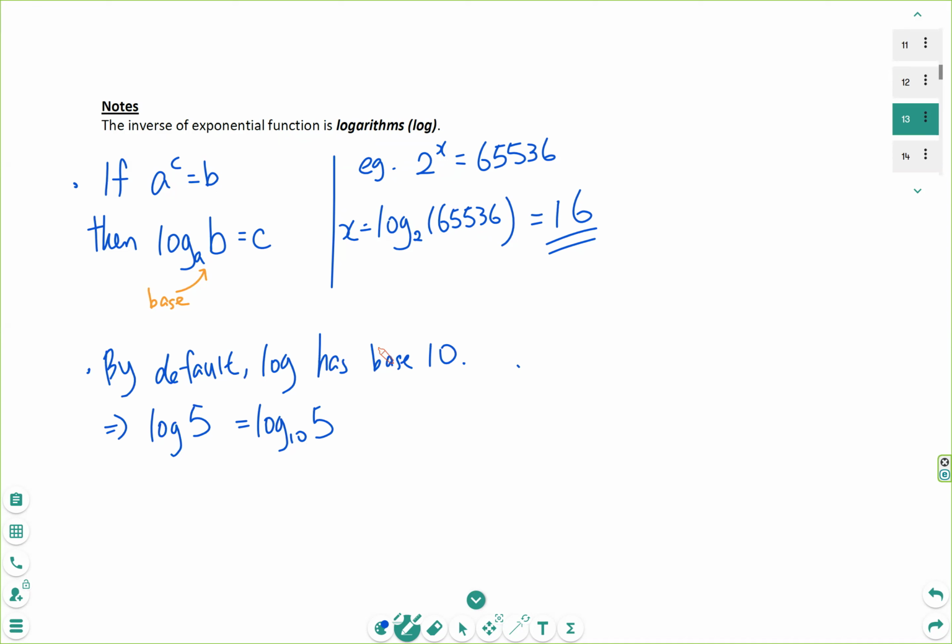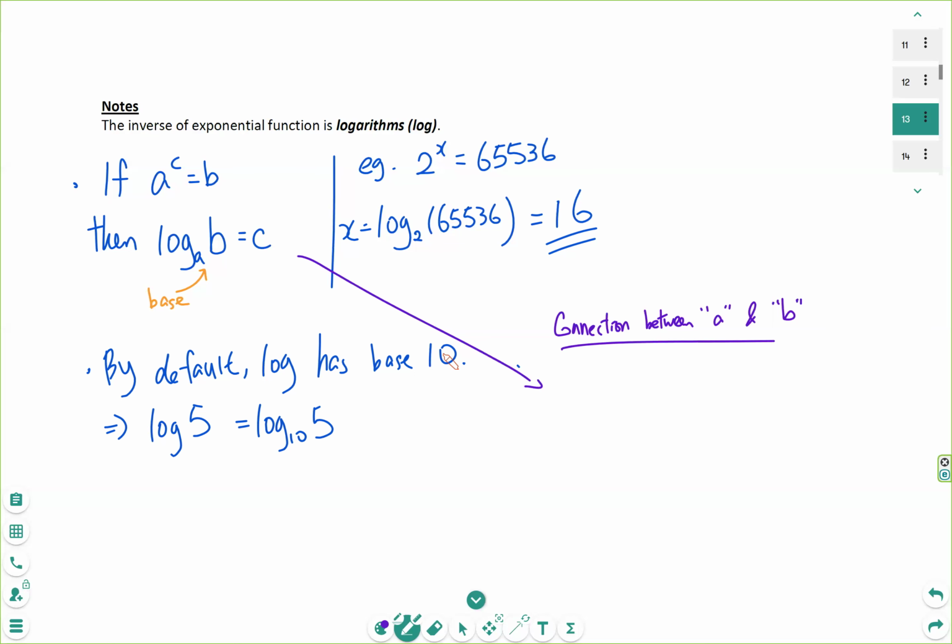Okay, so what's the relationship of a and b? You'll be thinking here, the ratio of a and b is how many powers of a to reach b. So what's the connection between a and b?